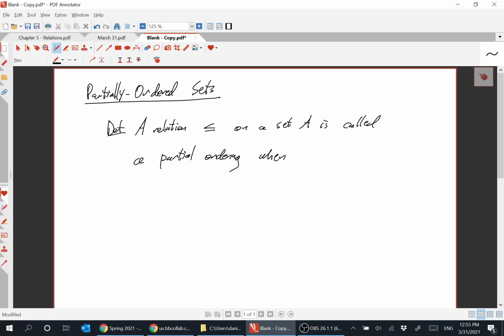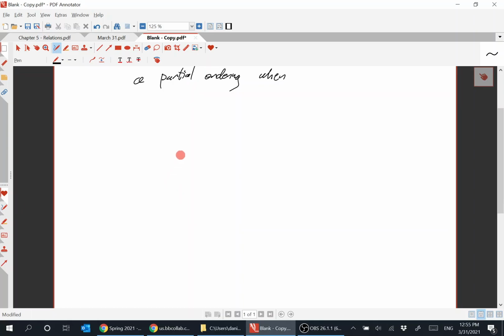It's a symbol that means something like less than or equal to, but it doesn't necessarily mean that. Less than or equal to is only for numbers, but partially ordered sets aren't always on numbers. So we say less than or equal to, but it doesn't have to be that. It could be that.